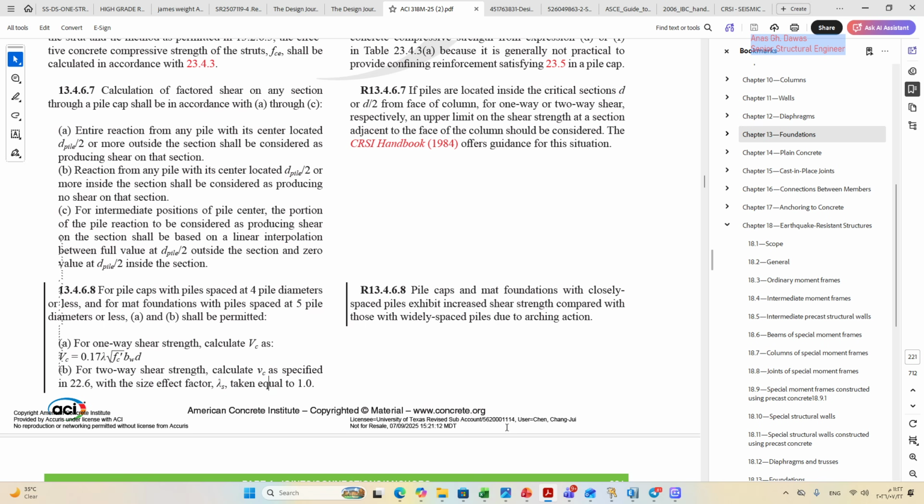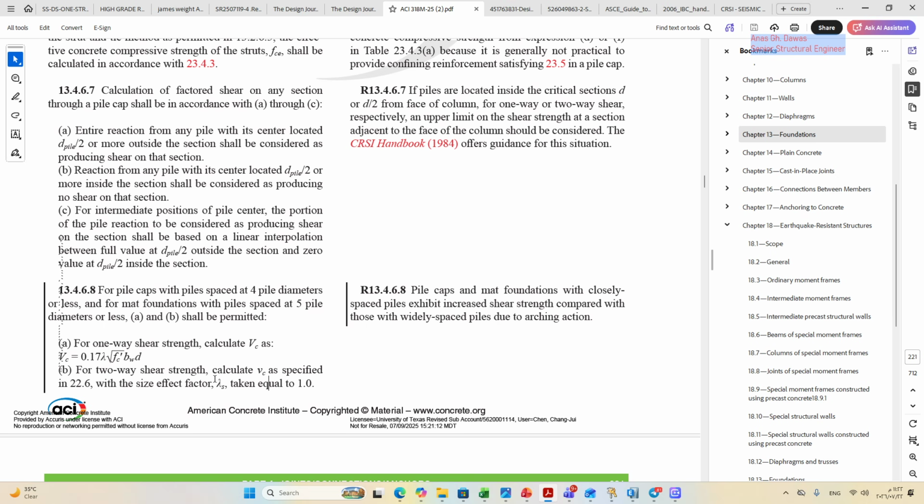In one of my projects, I remember that the raft thickness was 4 meters. If you calculate the size factor for the 4 meters, it will equal the efficiency of 2 meters only. For example, if you calculate the shear strength of the 4 meters, because of the size effect factor, the shear strength will drop around 50% or more.